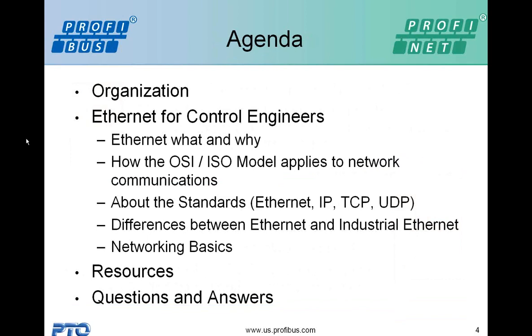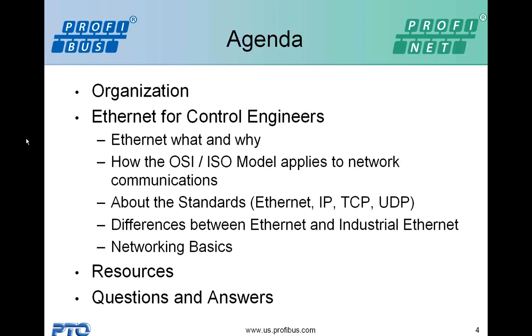Here's our agenda for today. I'm going to give you just a one-slide overview of the organization behind Profinet. We'll talk then about Ethernet for control engineers, talk about what Ethernet is, why we use it in the industrial space. We'll look at the famous 7-layer OSI ISO model and how that applies to network communications, specifically Ethernet.